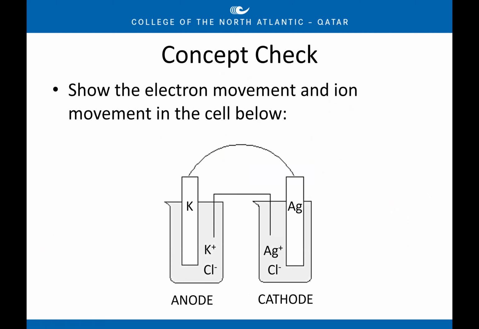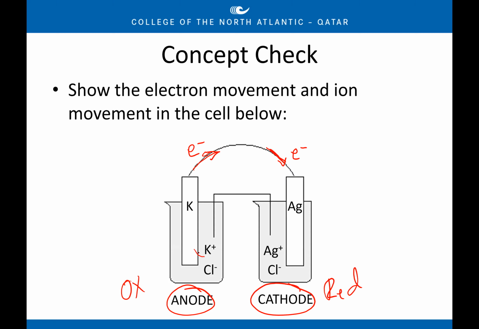So this is a good example for that private message I have. It says show the electron movement and ion movement in the cell below. Well, I'm telling you that the anode is here and the cathode is here. So electrons flow from the anode to the cathode. Okay, now remember, the anode is oxidation, the cathode is reduction.